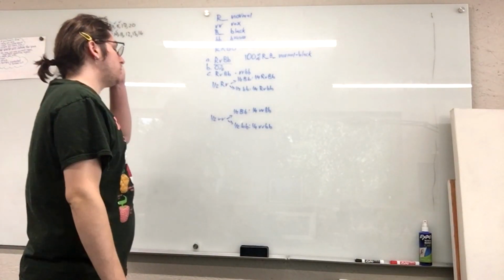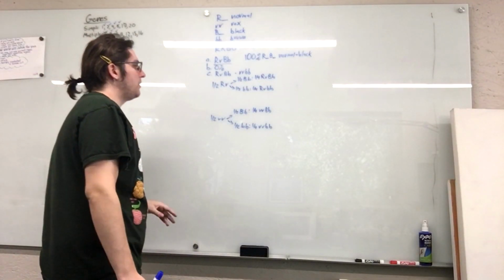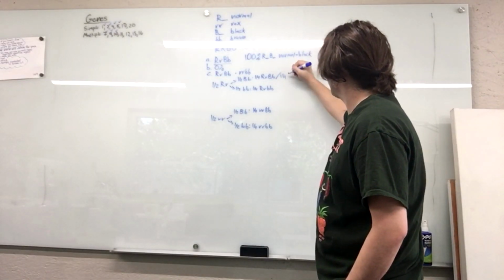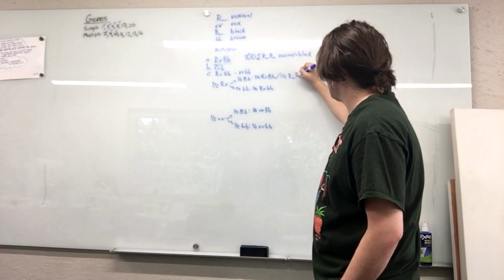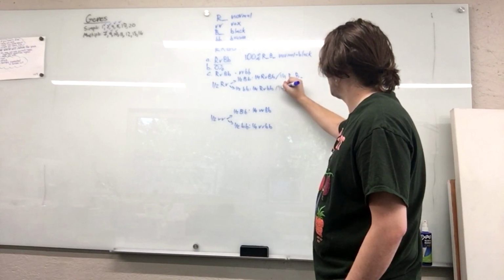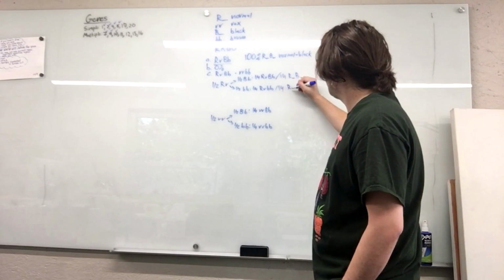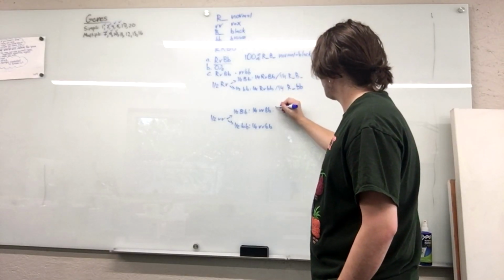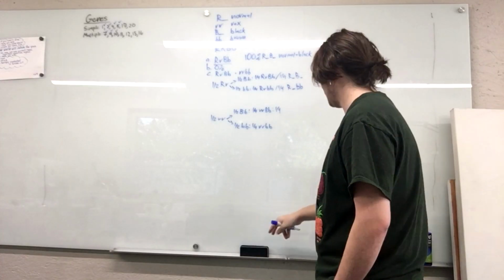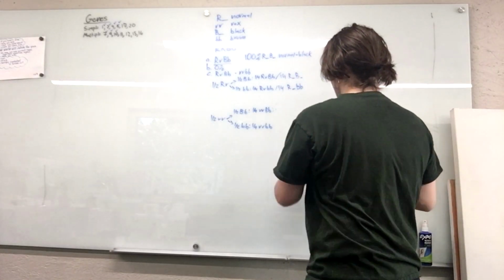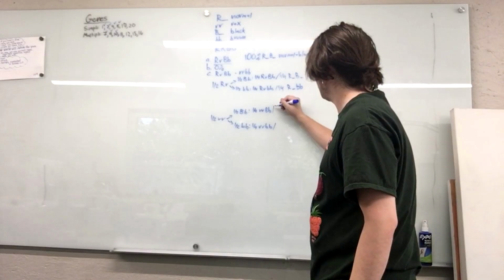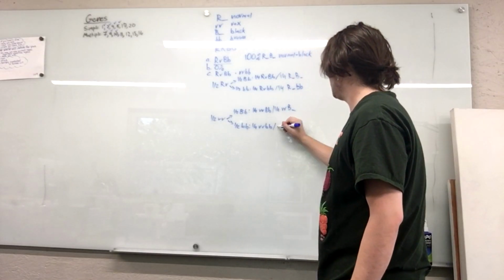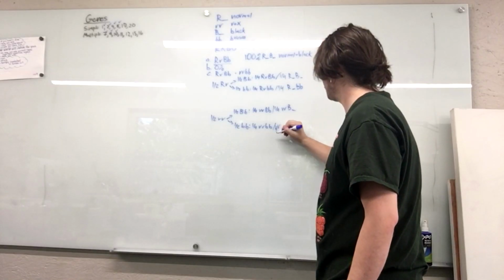So those would be our answers for genotype. Let's do phenotype. We write it with a slash: 1 over 4 being R dom B dom, 1 over 4 being R dom B recessive, 1 over 4 being, oh, I didn't write the full genotype for that. So it would be 1 over 4 being rr B dom, and then fully recessive.